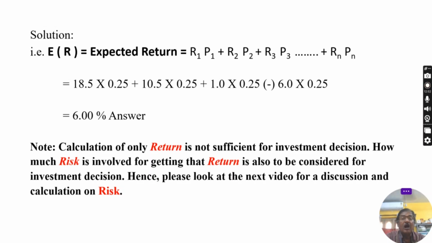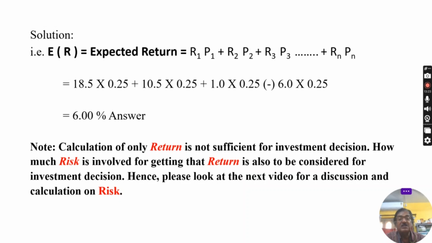How risk will be calculated and how we take decisions for investment by applying risk and return, that I will discuss in my next video. That's why please watch that video to get the complete idea of how and when you will invest your precious money by applying risk and return.